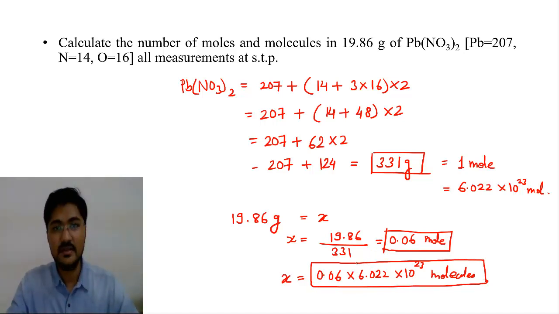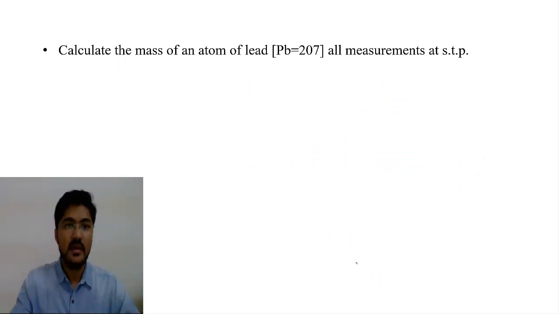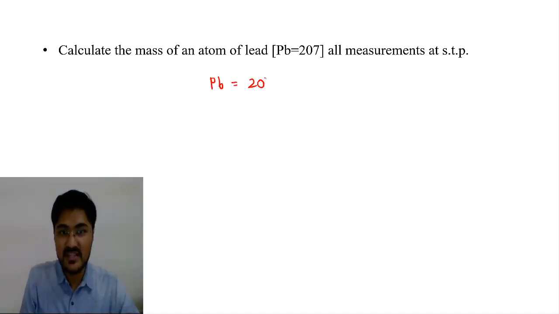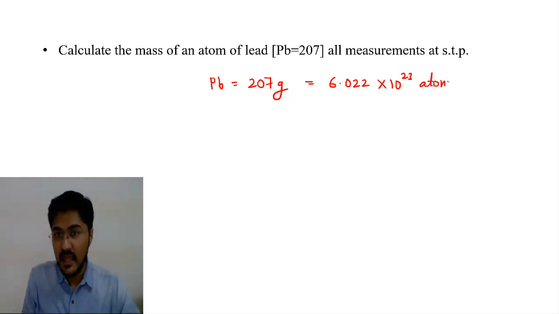Now let's see the third question. Calculate the mass of an atom of lead, all measurements at S.T.P. Mass of one atom of lead. So Pb equals 207 grams, which will contain 6.022 × 10^23 atoms. And what we have been asked is one atom's weight.